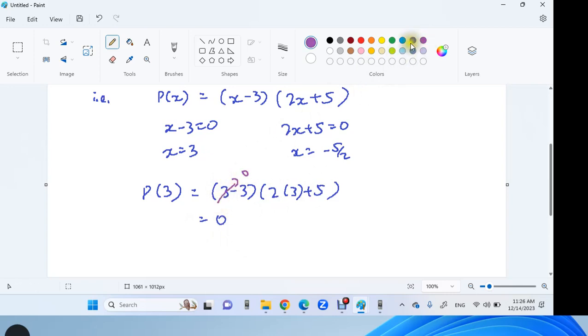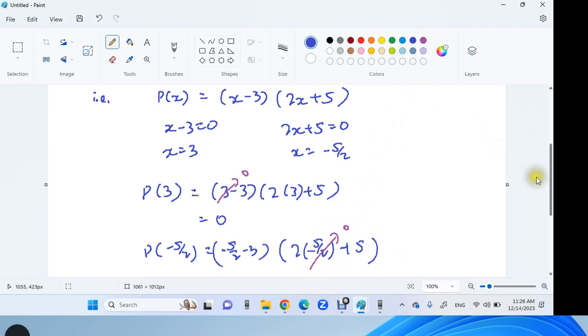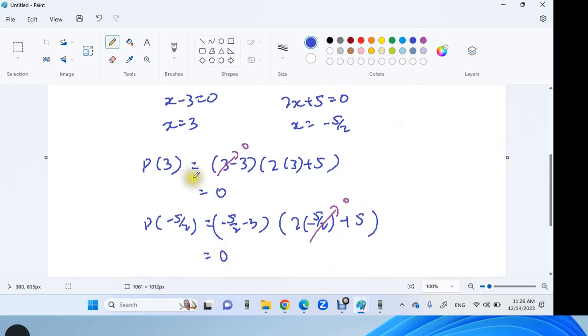If we have p(negative 5 over 2), then we have (negative 5 over 2 minus 3) and (2 times negative 5 over 2 plus 5), and this part will become 0. So this is 0, so 3 is the root.